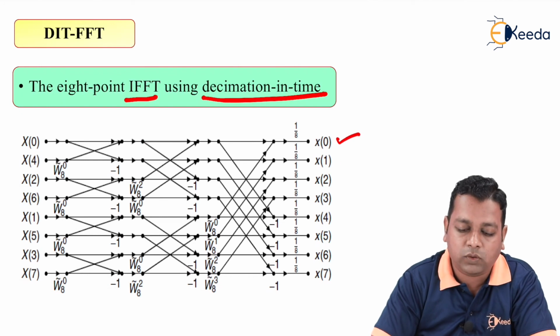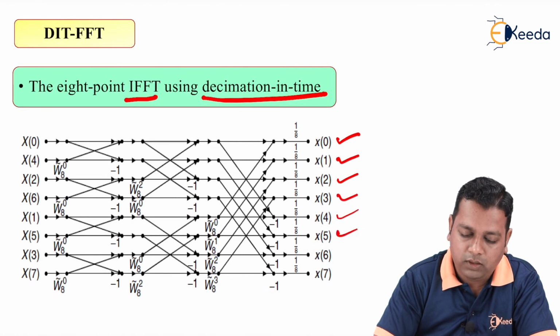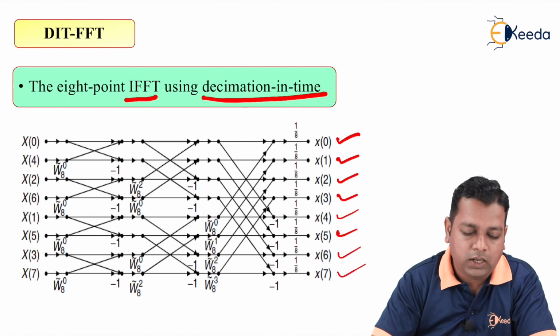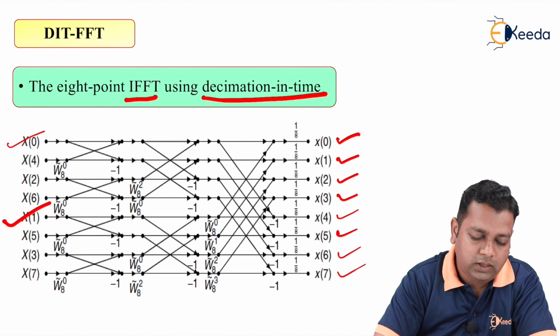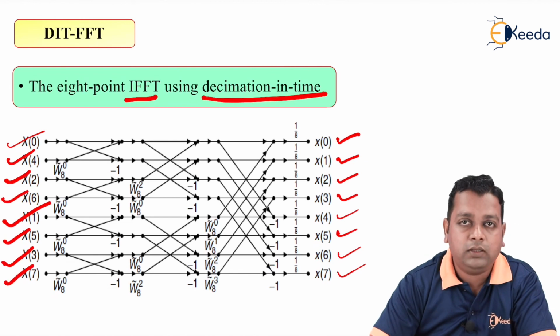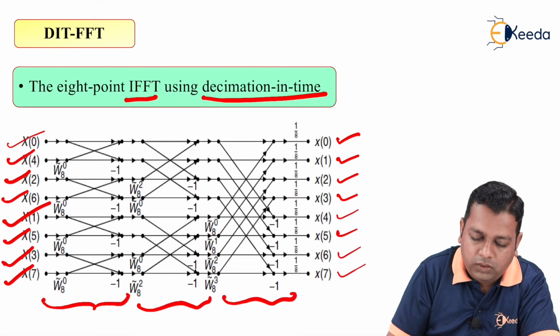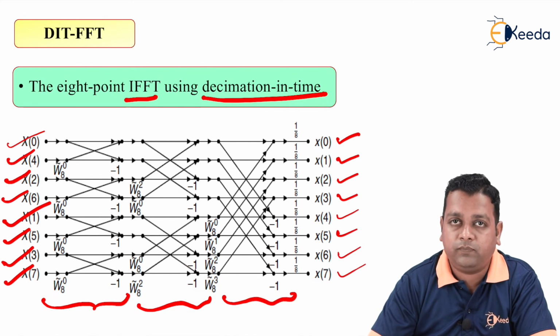Hence small x of 0, small x of 1, small x of 2, 3, 4, 5, 6 and 7 will be obtained as the output if we provide capital X of 0, X of 1, X of 2, X of 3, X of 4, X of 5, X of 6 and X of 7. So by the 3 iterations, we have this inverse fast Fourier transform made possible for computation.